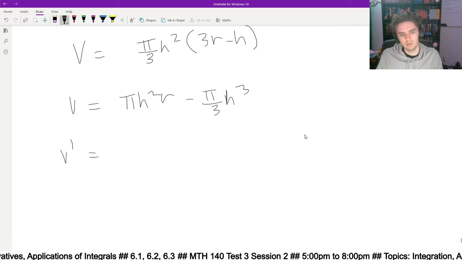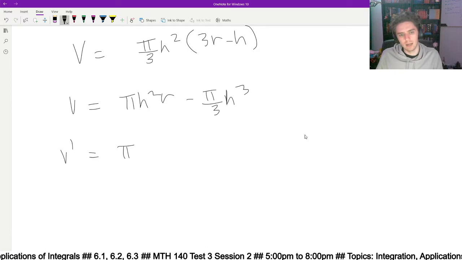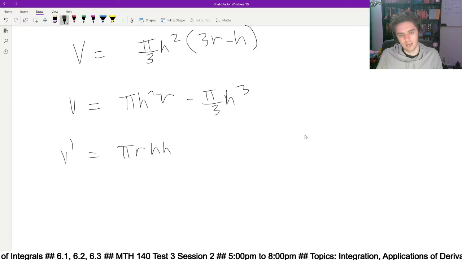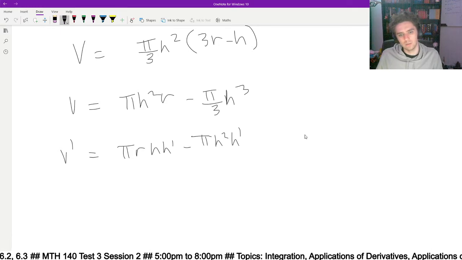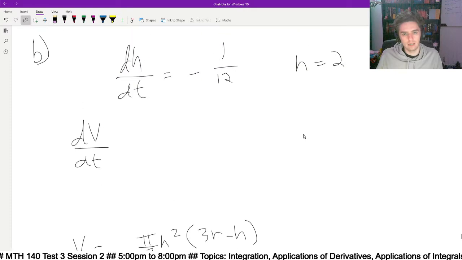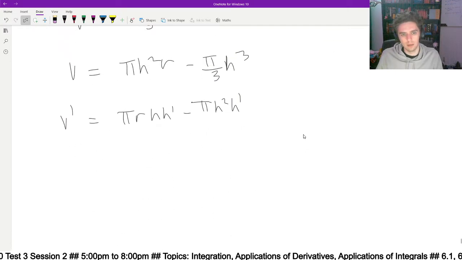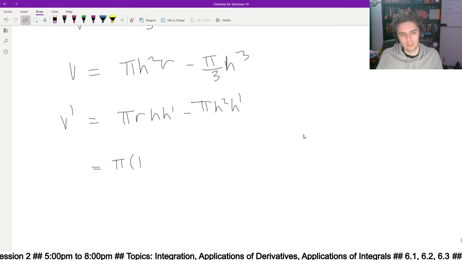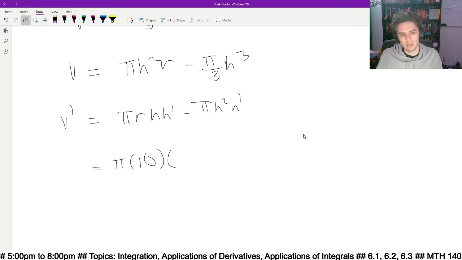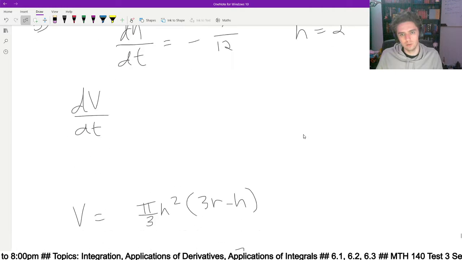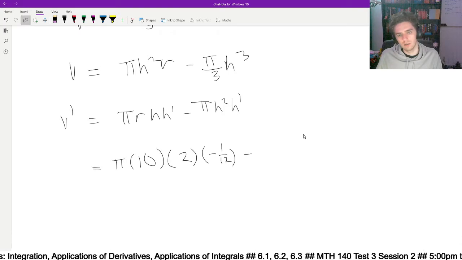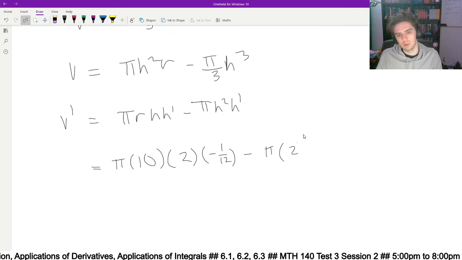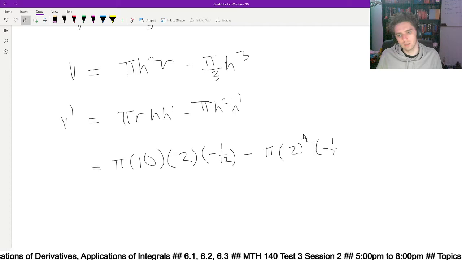Now I'll take the derivative: pi r h prime minus pi h squared h prime. And I know everything except V prime. So pi times 10 times the height is 2, negative a 12th, minus pi 2 squared, negative a 12th.